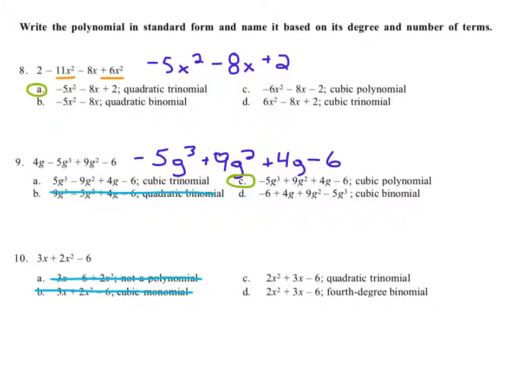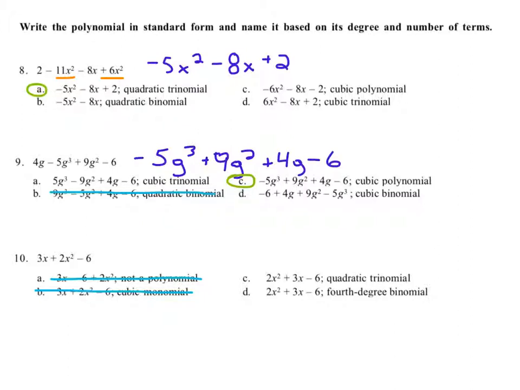Okay. C, quadratic. Yeah, the highest term is squared. So that's fine. That matches the quadratic. How many terms are there? There's 1, 2, 3. So it's a trinomial. That could be it. We've got to look at what the original problem says, but that certainly matches with itself. And D says 2x squared plus 3x minus 6, and it is a 4th degree binomial.